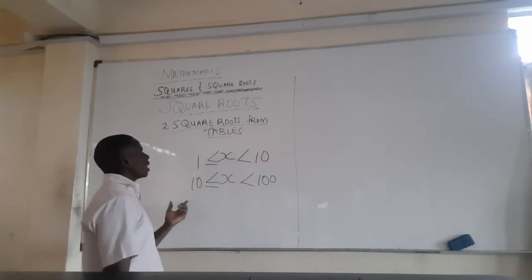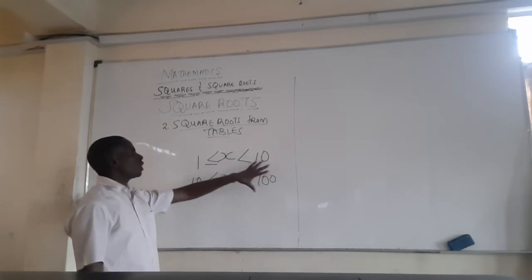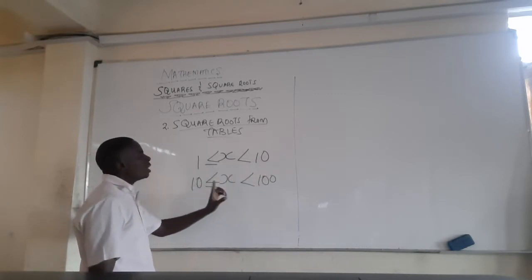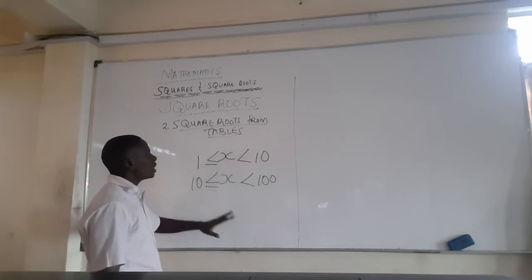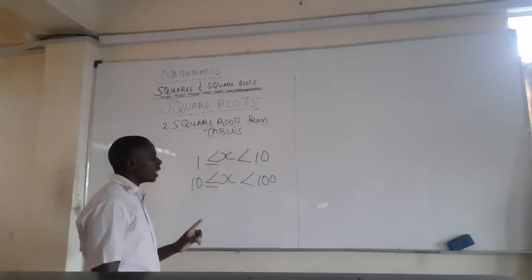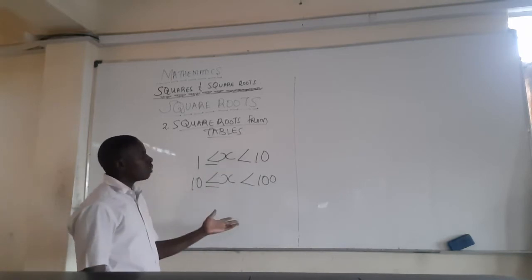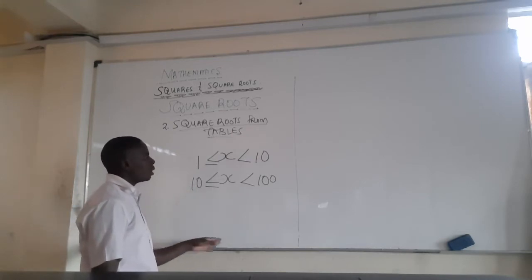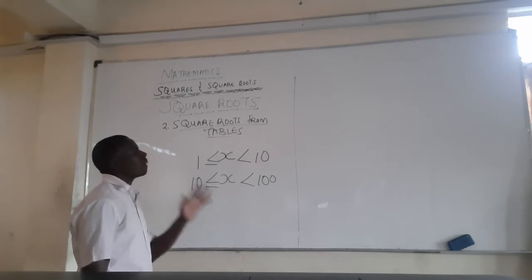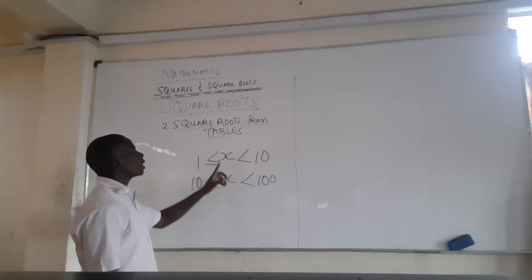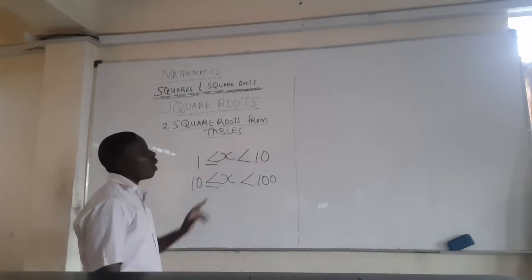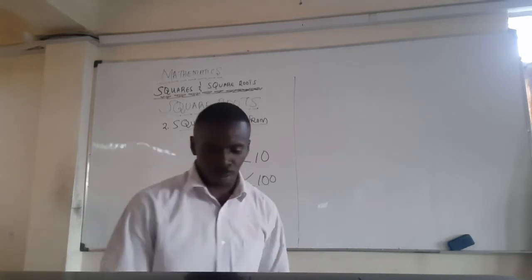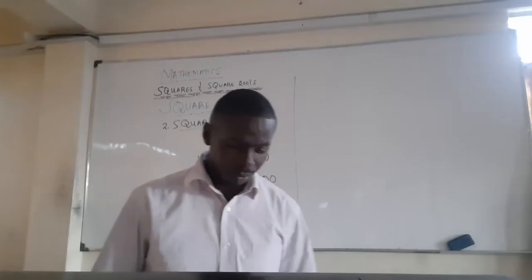In this case, we don't write the number in standard form, but we write it in such a way that the power is an even number, and of course it will fall in either the first table or the second table. Let's do some examples.